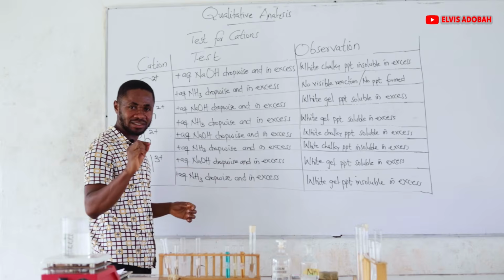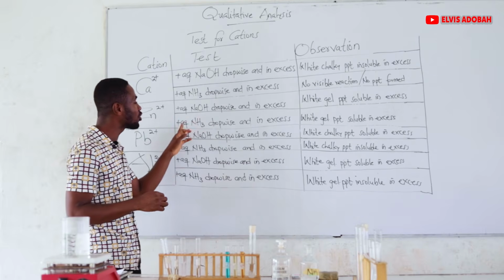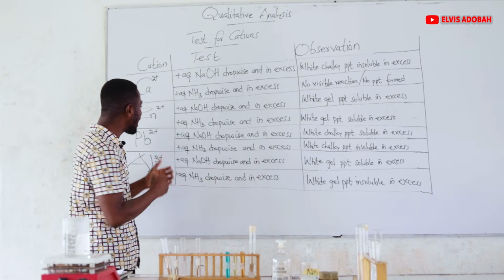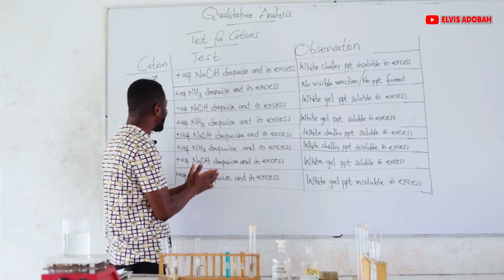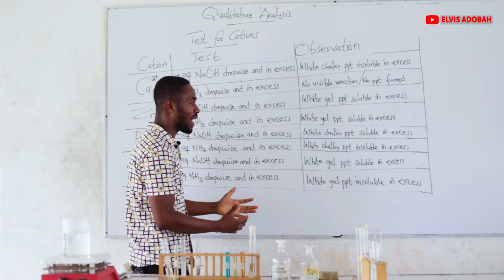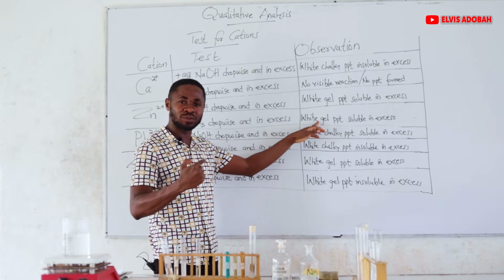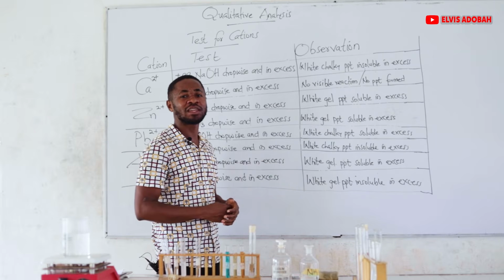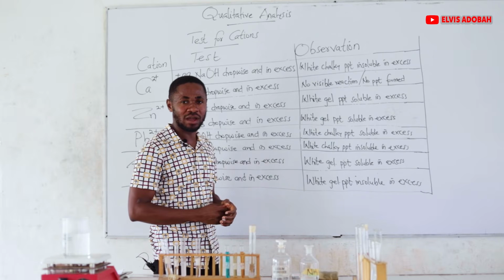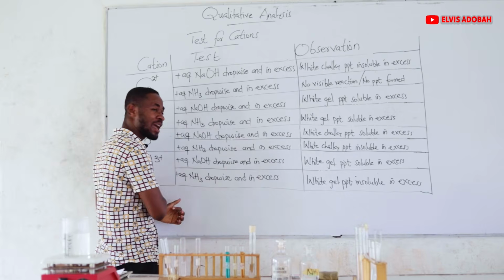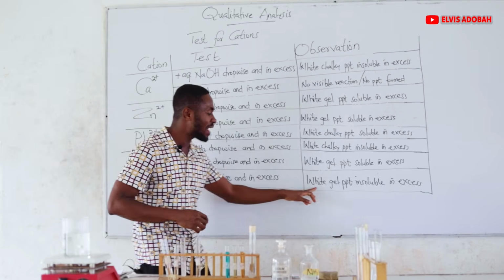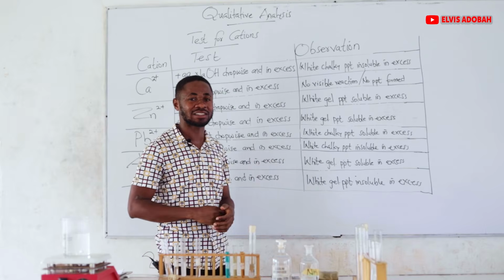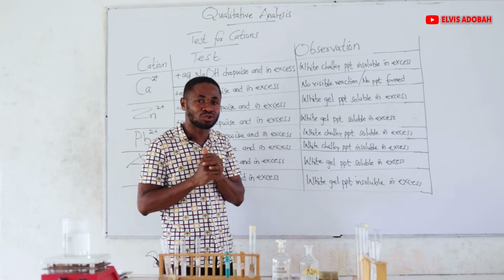But the difference comes when you add aqueous ammonia dropwise and in excess. On Zn2+, the white gelatinous precipitate formed becomes soluble in excess aqueous ammonia. However, in the case of Al3+, the white gelatinous precipitate became insoluble in excess. Now, do you see the difference between these two?